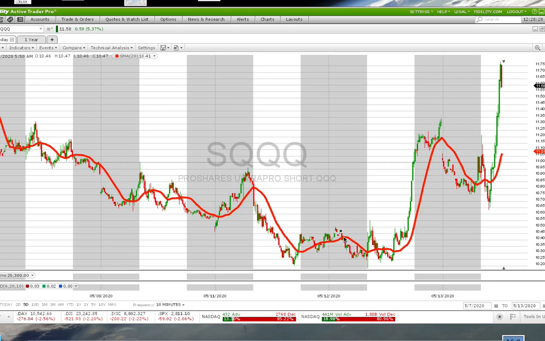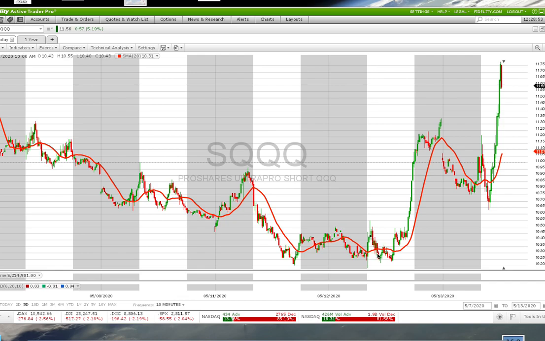Because that red line is going down, I want to see it level out like this right here. And so when it leveled out and it made this little W formation, I reset my entry point, my pivot point or my buy point to $10.40, which would be right above that right there.